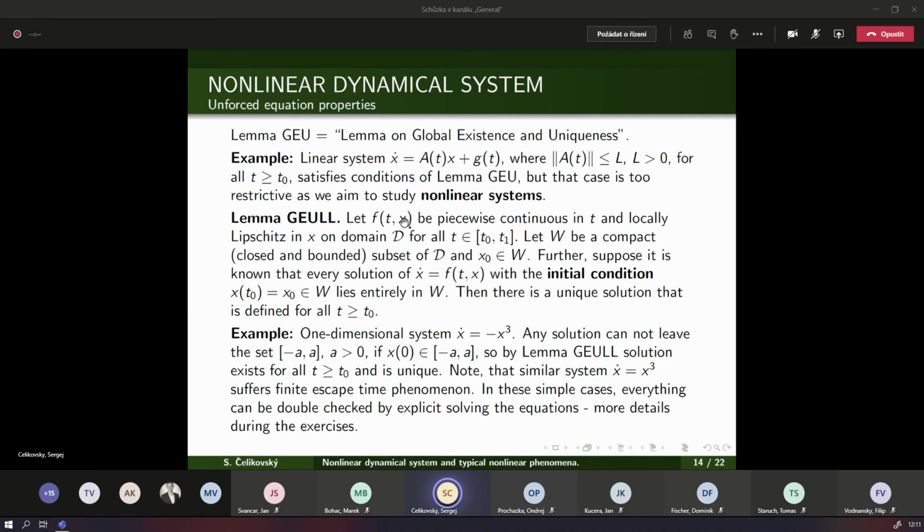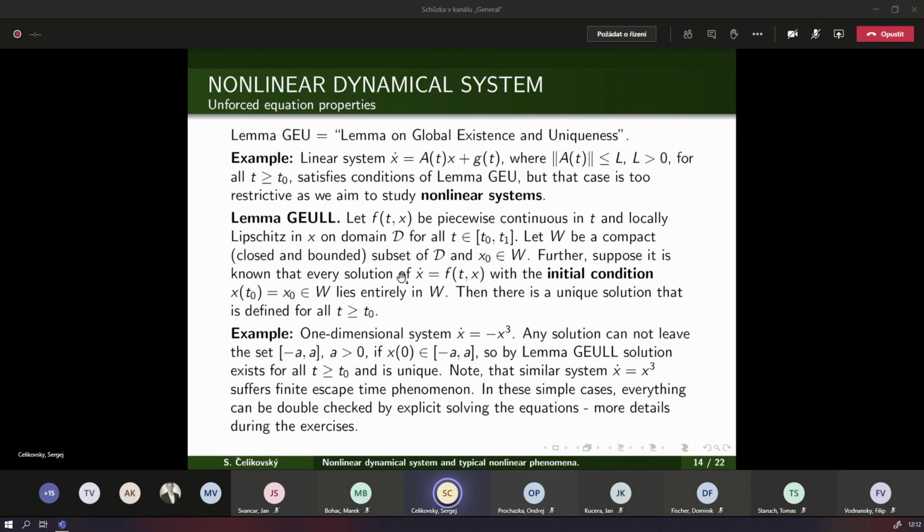There is another lemma which says that if f is piecewise continuous and locally Lipschitz on a domain D for all t from this interval, and we have some compact set V, which means a closed bounded subset, and x0 from V, and if we know that every solution of x dot with this initial condition lies entirely in V, a property usually referred to as V being invariant, then there exists a unique solution that is defined for all t greater than t0.